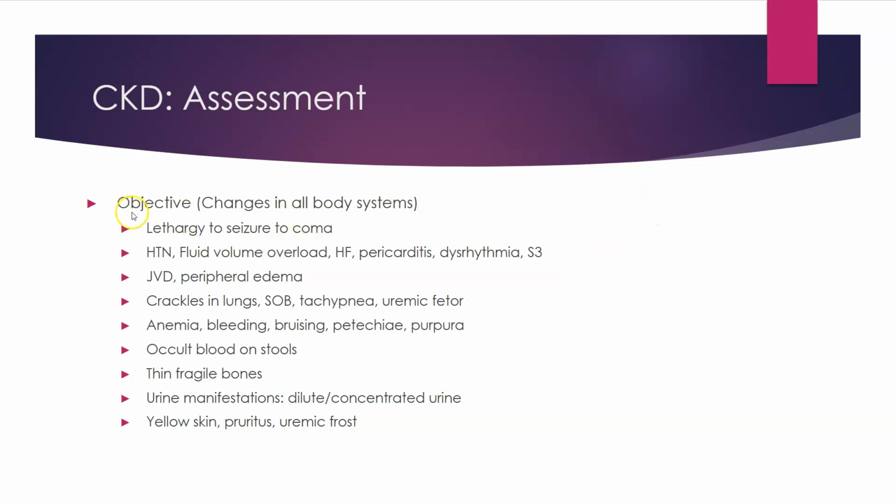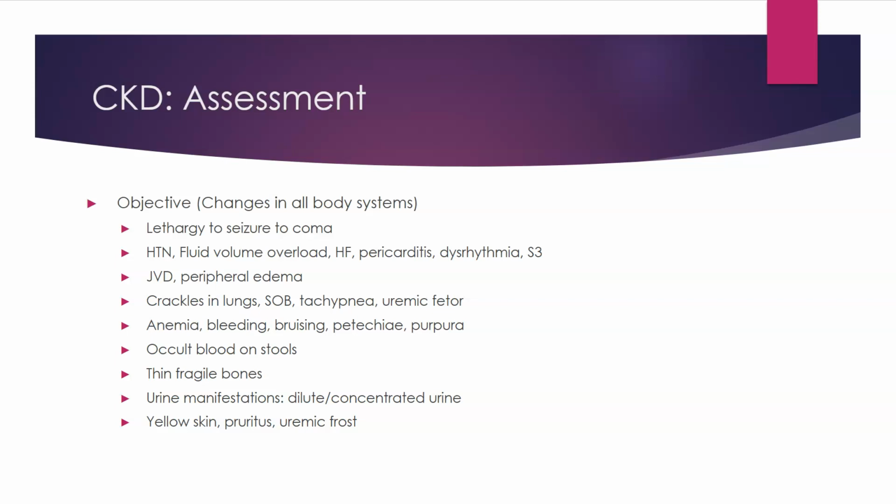Objectively, chronic kidney disease will affect all body systems. It could cause lethargy, seizures, comas, hypertension, fluid overload, heart failure, pericarditis, dysrhythmias, S3 heart tones, jugular venous distension, and peripheral edema, all from being fluid overloaded. Crackles in the lungs from fluid, shortness of breath, tachypnea, uremic fetor, which is just bad breath, anemia, bleeding, bruising, petechiae, purpura.